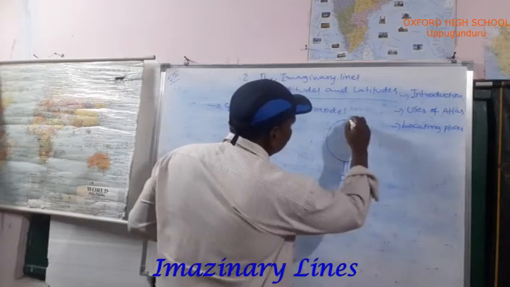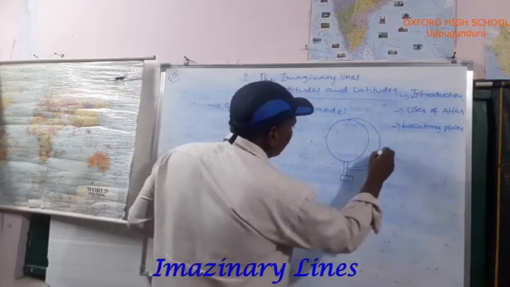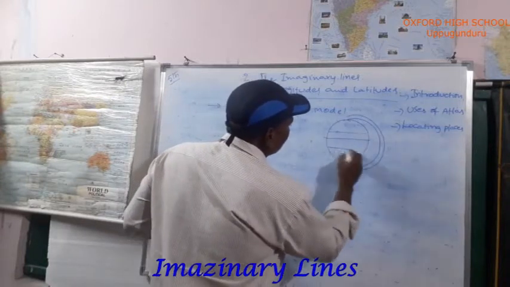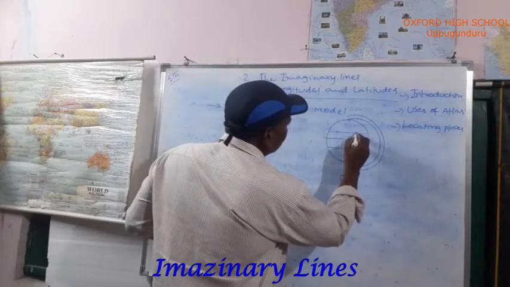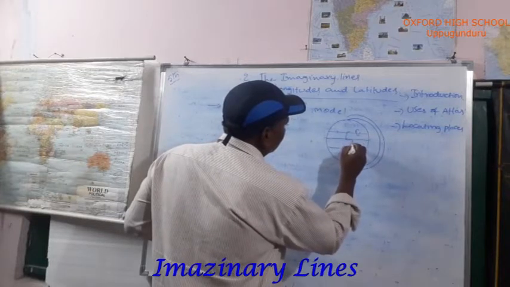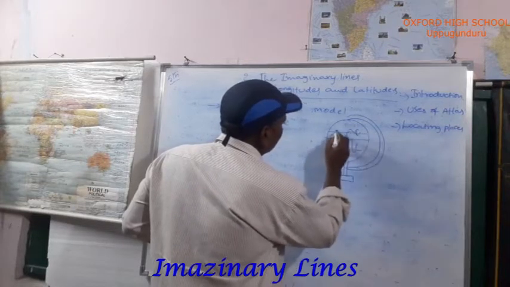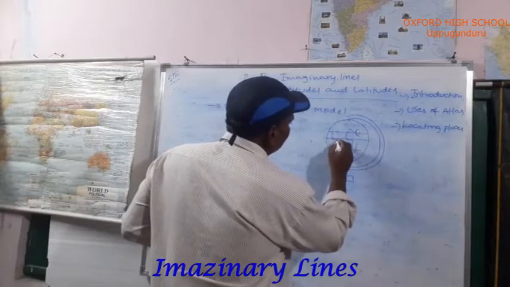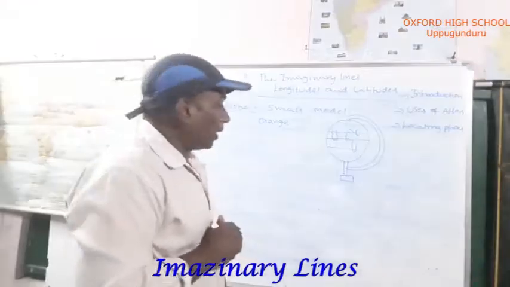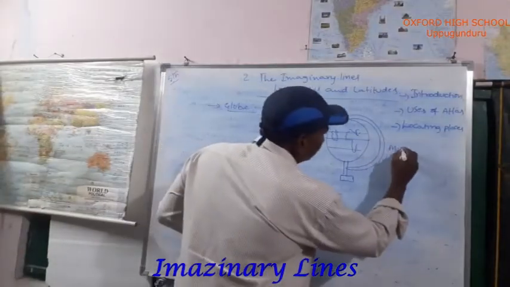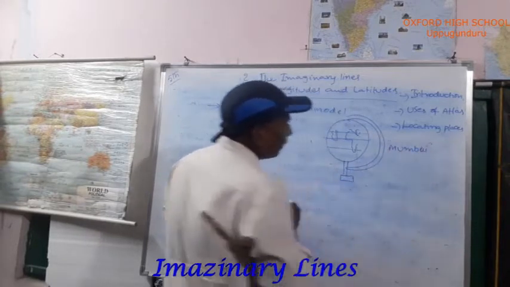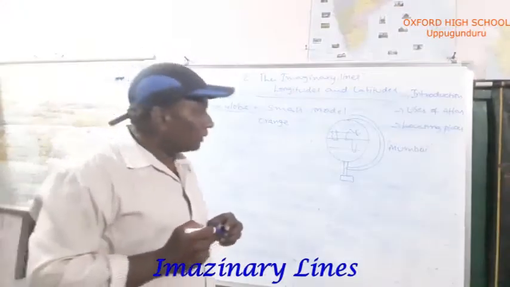If you see the globe, what are you observing? Different countries are located on the globe, roughly like this. If I say point out Mumbai, how will you find Mumbai?